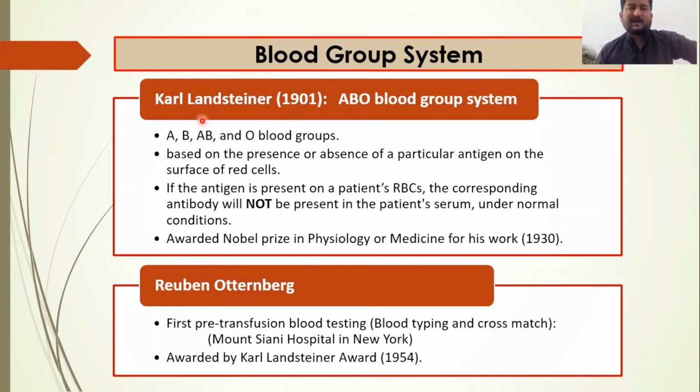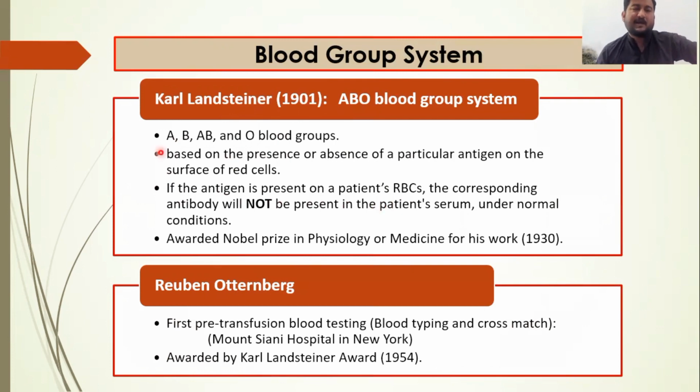So according to Karl Landsteiner, ABO blood groups are divided into four major groups: A, B, AB, and O. This blood grouping is based on the presence or absence of particular antigens over the surface of RBCs. If an antigen is present on the RBCs, the corresponding antibody will not be present in the person's serum.